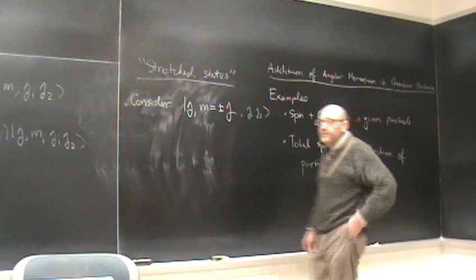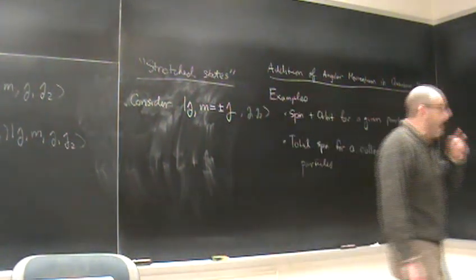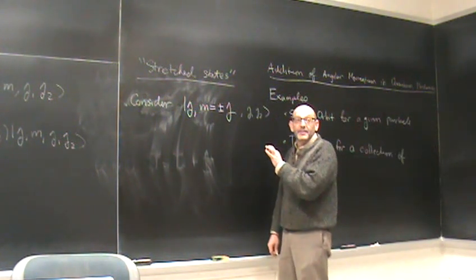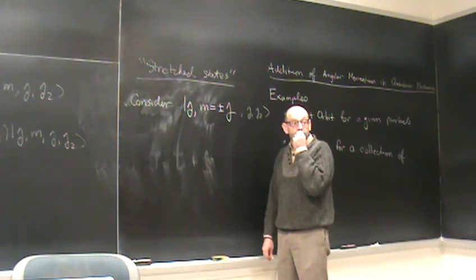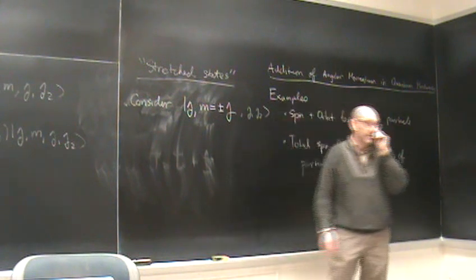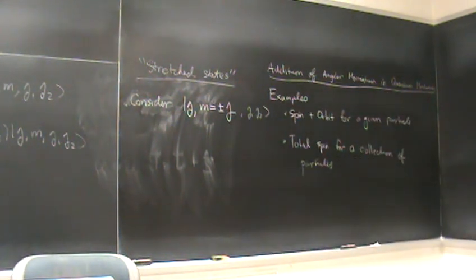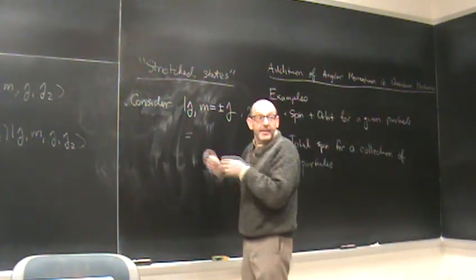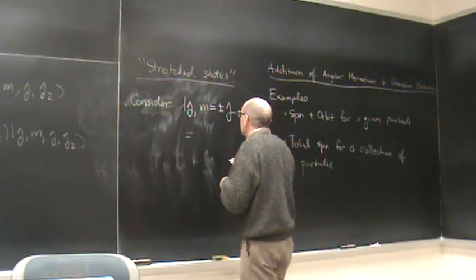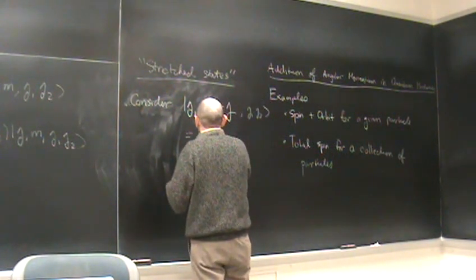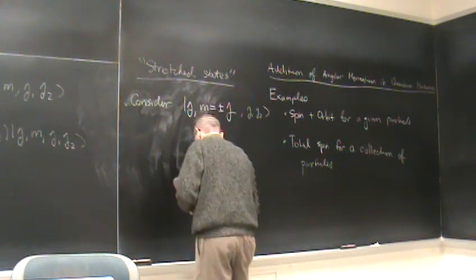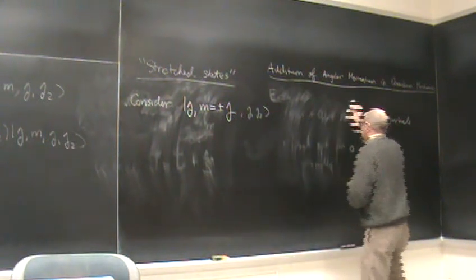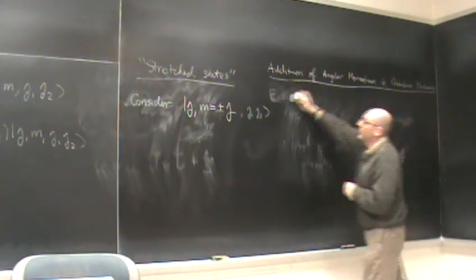But the only terms in the product that survive are the ones where M1 plus M2 equals J, right? And in this case, it must be the case that the only possible state is, so I'll write them out separately. This state with maximum projection J, there's only one possible way to get that.